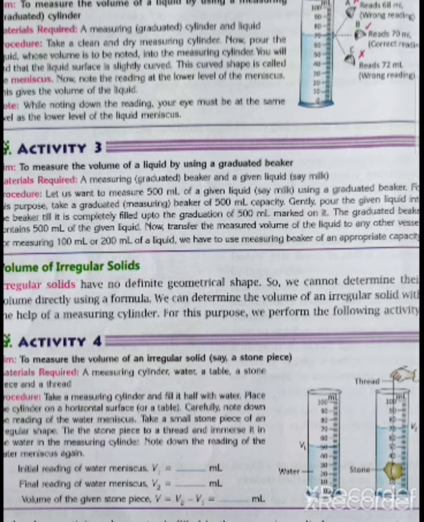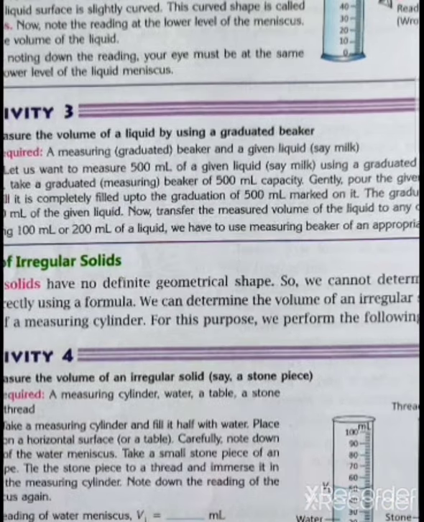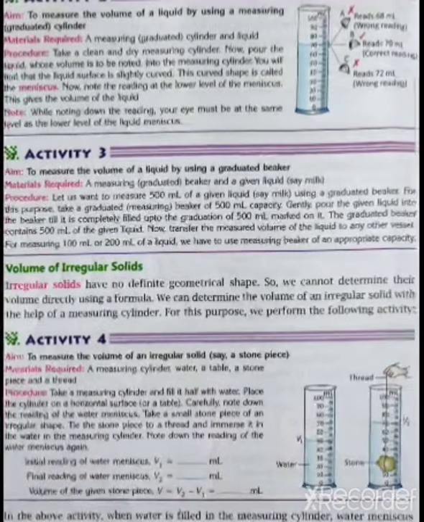This will be 70 minus 50, hence the result will be 20 ml. That will be the volume of the stone piece given to you for the activity.